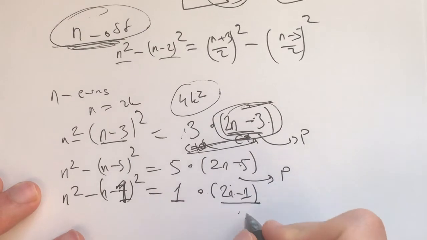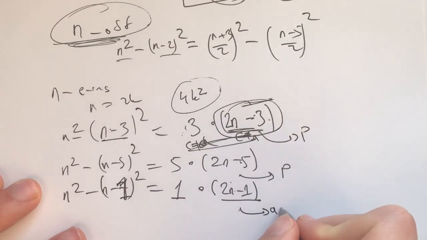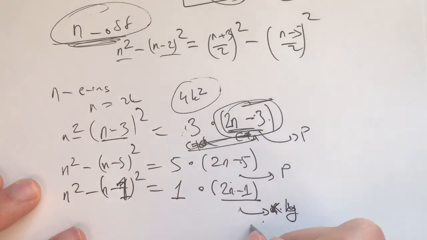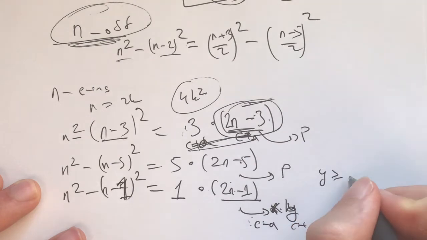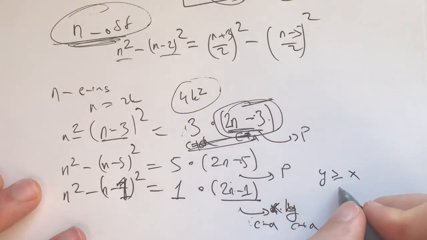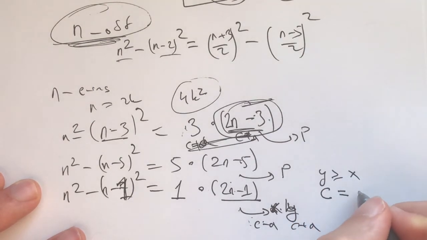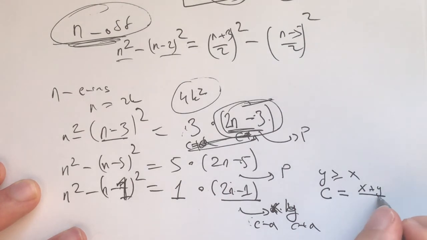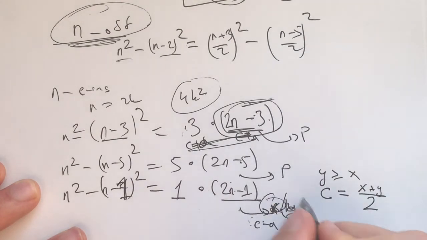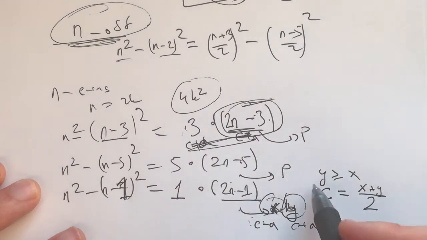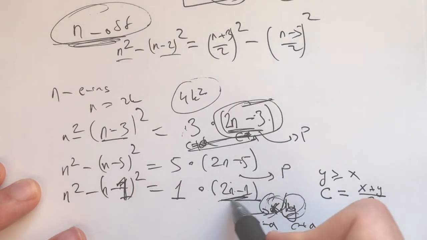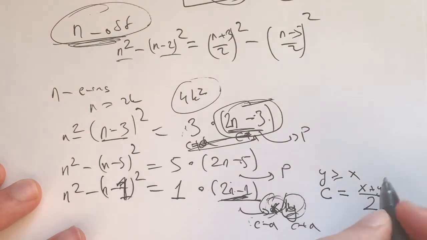But if this is some a times b, then I can write, okay, let's use x times y. Then I can write this as c minus a is x, c plus a is y, greater than or equal to x. And then c is going to be equal to (x plus y) over 2. Oh, and we know these two numbers are odd because 2n minus 1 is their product.